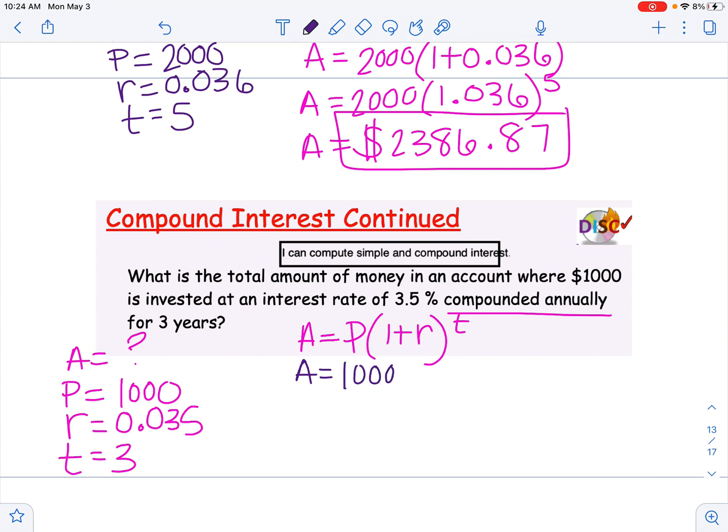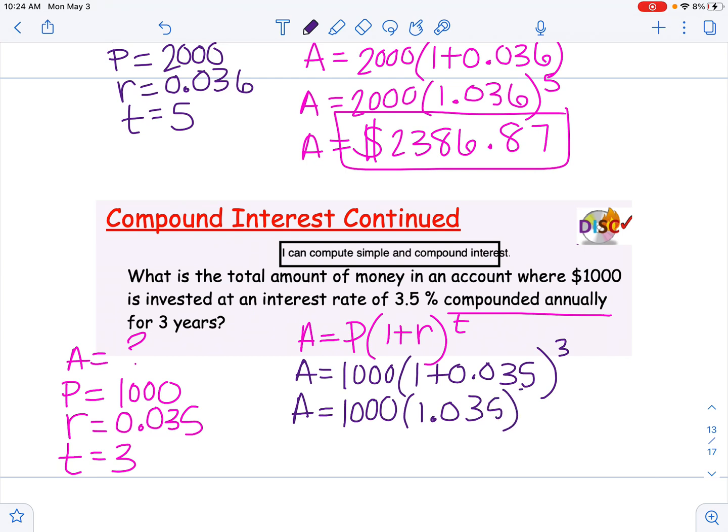A equals 1,000 times 1 plus 0.035 to the 3rd power. So again, PEMDAS, parentheses comes first. So I'm going to write this as A equals 1,000 times 1.035 to the third power.